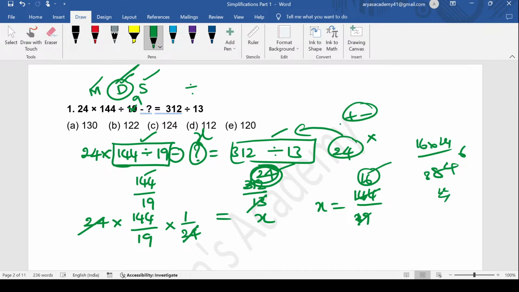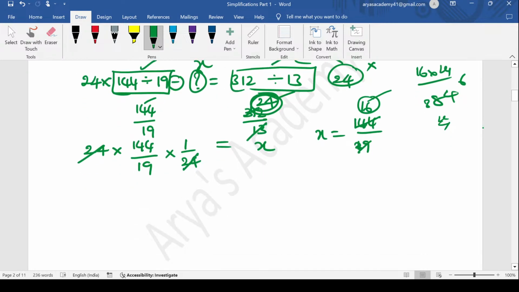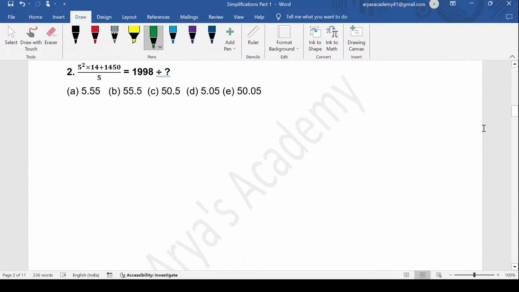So the equation itself is wrong. Hopefully, I have made a mistake while printing it. So we will move on to question number 2.